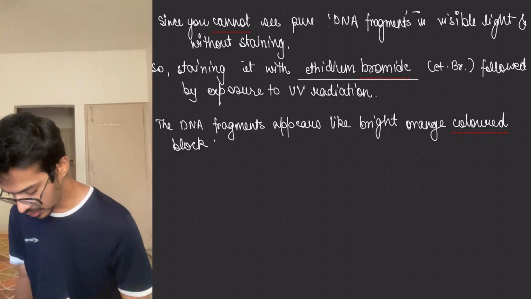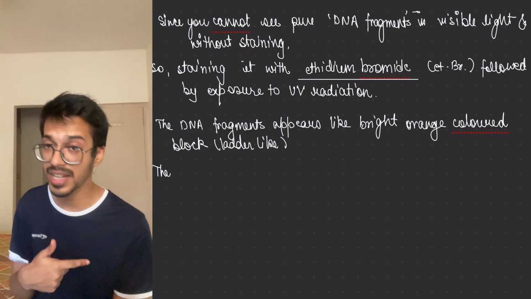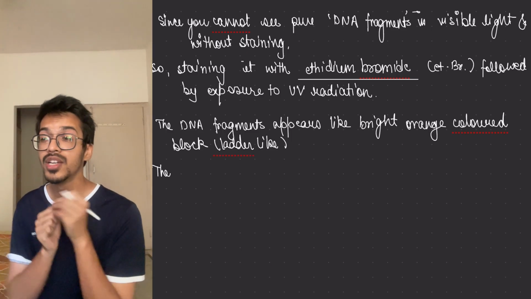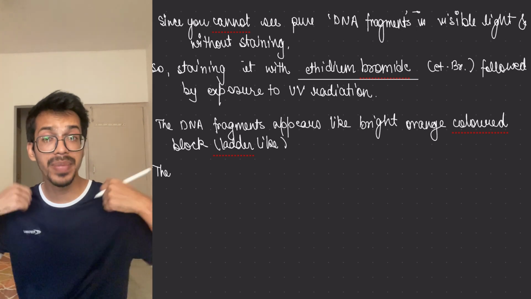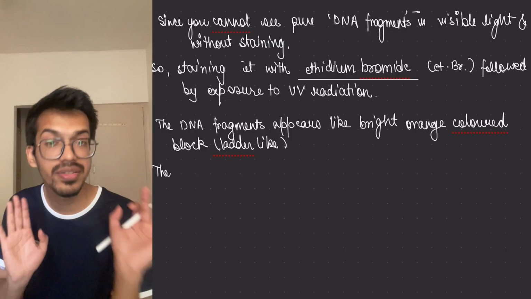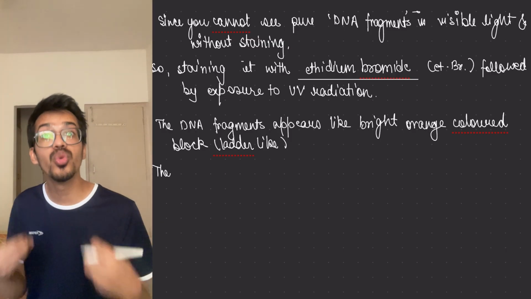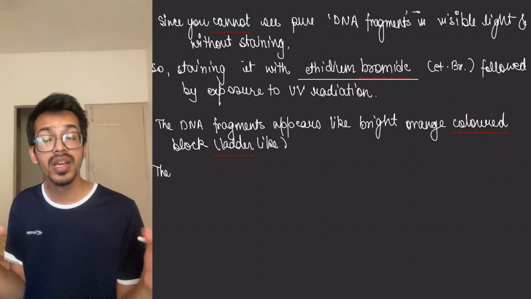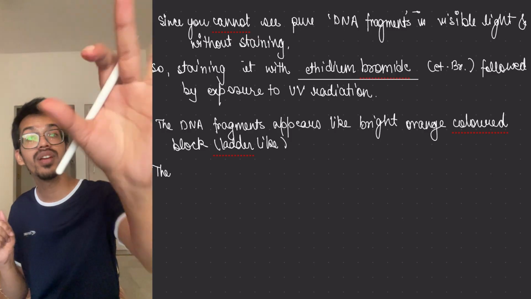Okay, so ladder like, the thicker or the heavier fragment. Now how will you remember that? You know that if you are walking in a race and I give you no bag, and if I give you a big bag, with the big bag you can't move that fast, you can't run that fast. Same thing over here. The ones which are heavier, have more nucleotides, bigger fragments, they will be slower, whereas lighter fragments will be moving faster.